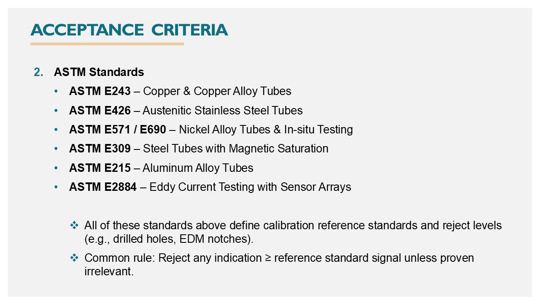All of these standards above define calibration reference standards and reject levels, such as drilled holes, EDM notches. Common rule: reject any indication greater than or equal to the reference standard signal unless proven irrelevant.